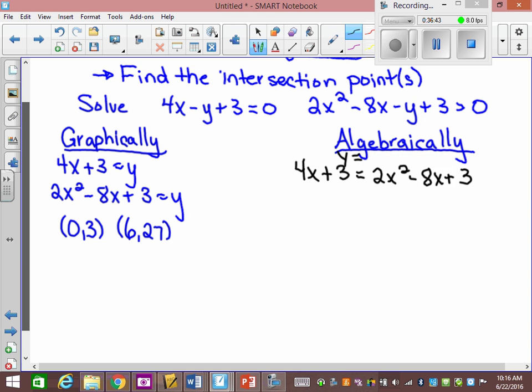This equals y, that equals y, so I can set them equal to each other. So move them over, minus 4x, minus 3, 0 equals 2x squared minus 12x.